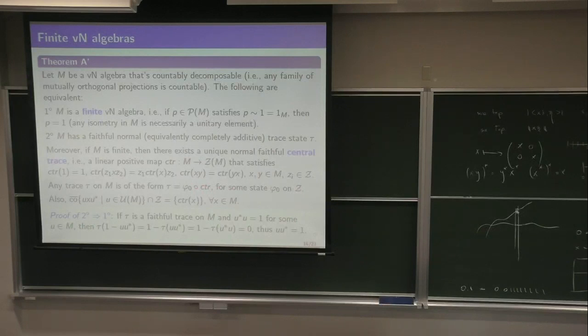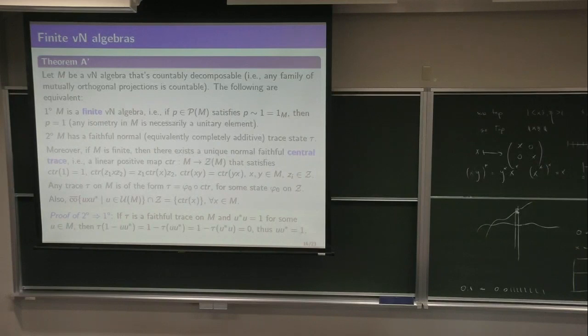Well, any trace state on M is of this form. Because of countable decomposability, you will have on the center states that are faithful, normal and completely additive, so you compose with the central trace and you get your traces, okay?